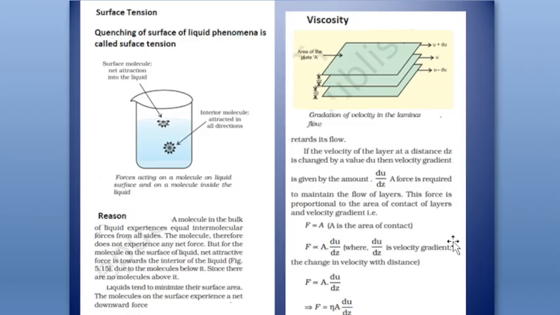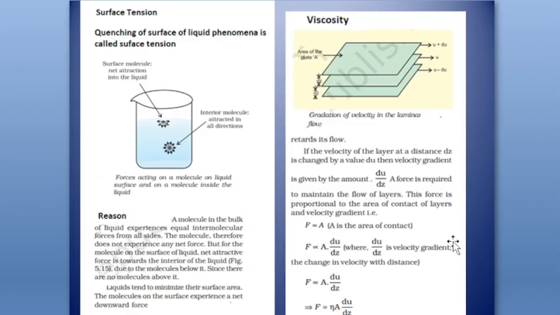So a force is required to maintain the flow of the layers. This force is proportional to the area of contact of the layers, that is, F is proportional to A, which is the area of contact, and force is also proportional to du/dz, the velocity gradient. So the equation we get is F is equal to eta A du/dz.